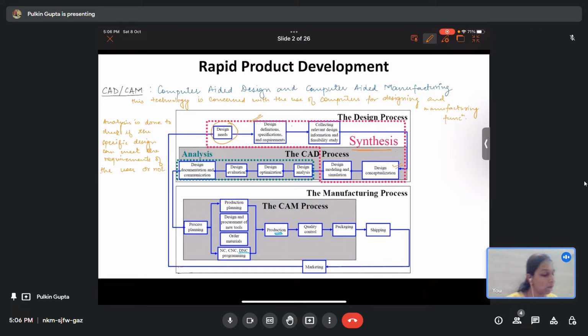In this analysis, first you analyze what the stress concentrations are, if there are any stress risers present, or what the strains are. Then based on your simulation results, stresses and strains, you optimize that design and evaluate it again. Once it is done, you finally document the design, and then you communicate it to the department concerned with its manufacturing.